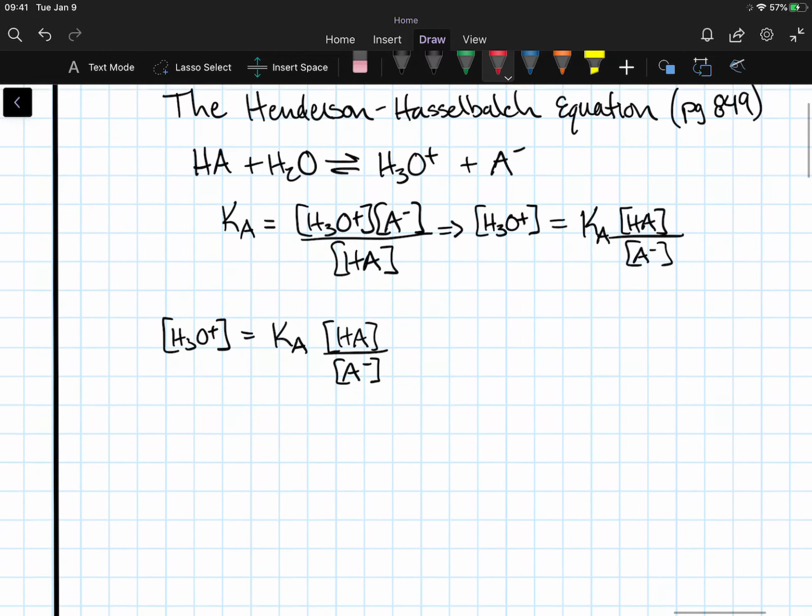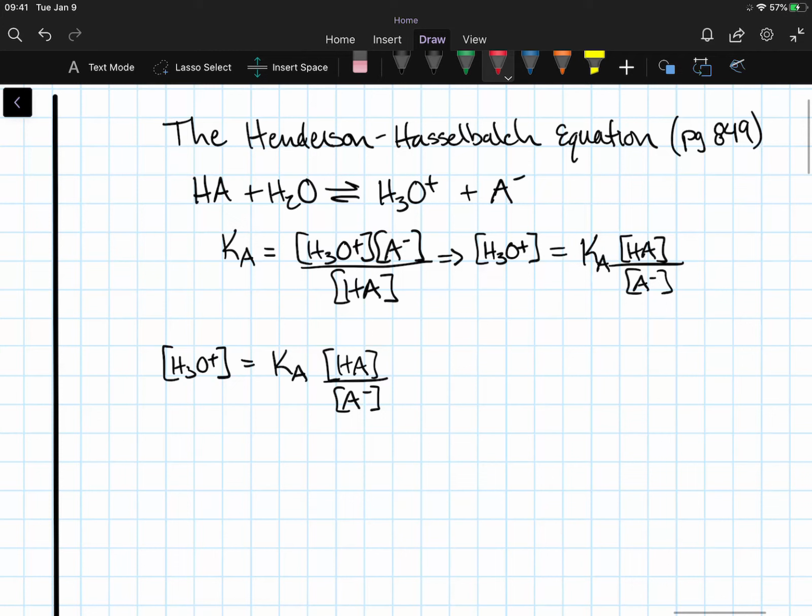And since we want pH, and all we have to do to get the pH is take the negative log of that H3O plus concentration, we're just going to take the negative log of everything so it all remains equal. On the left hand side of the equal sign we just end up with pH is equal to the negative log of Ka times HA over A minus.